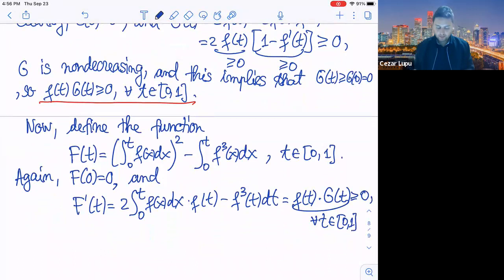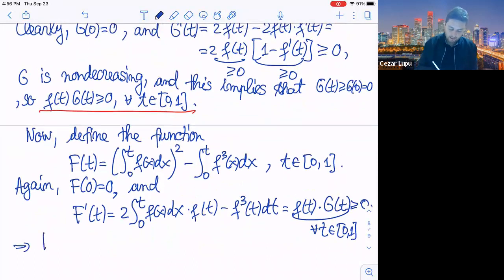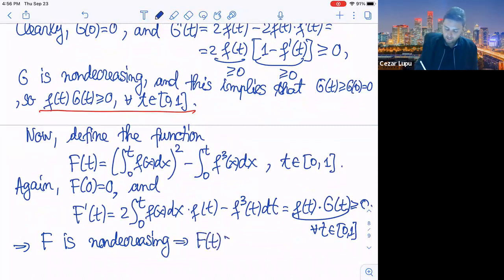Great. So this means that f is non-decreasing. And this means that f of t is greater or equal than f of 0, which again is 0.